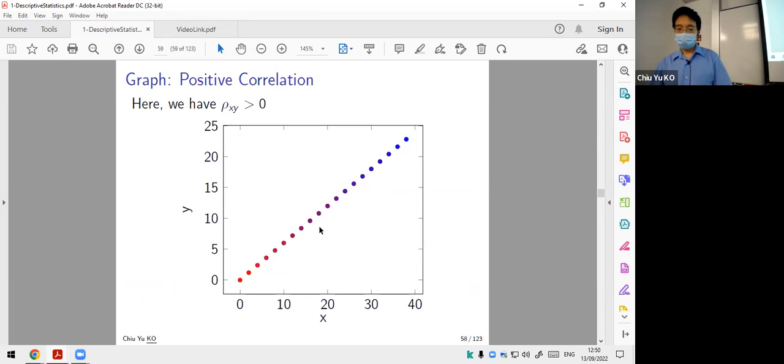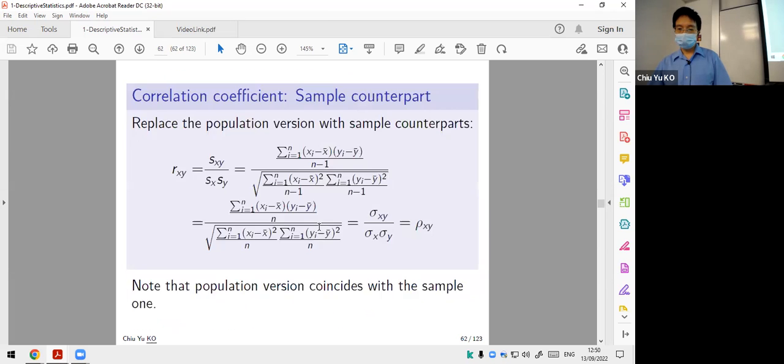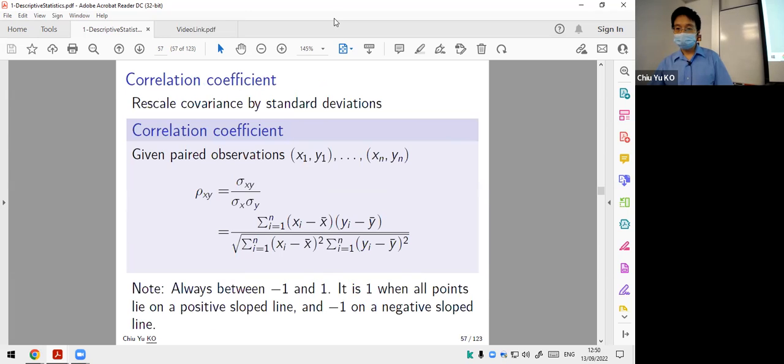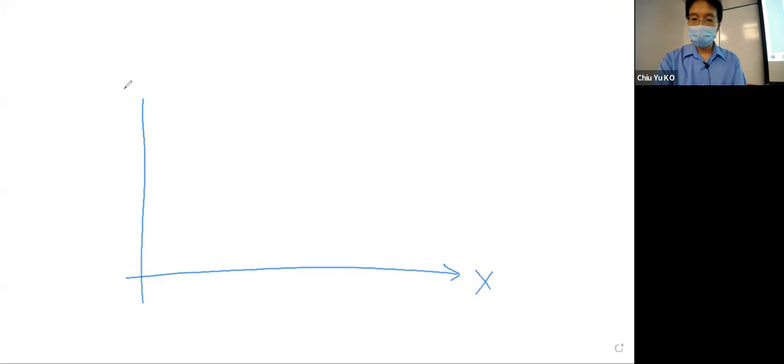Maybe let me describe something like this. So with a scatter plot here, X and Y, okay, if we are going to draw a scatter plot, right? So for each observation, just put it there in this two-dimensional graph.